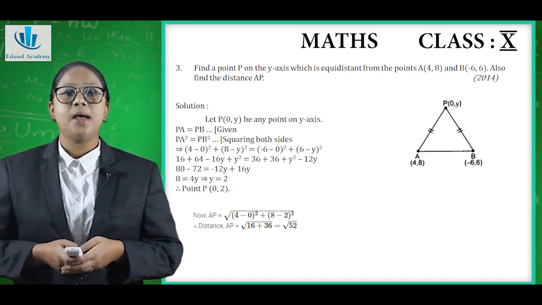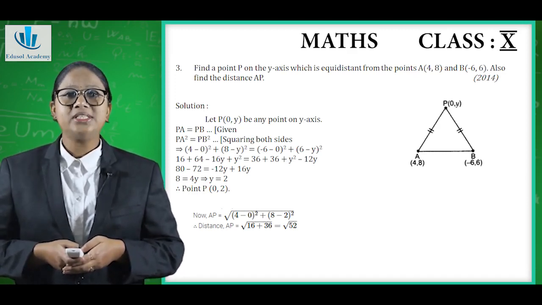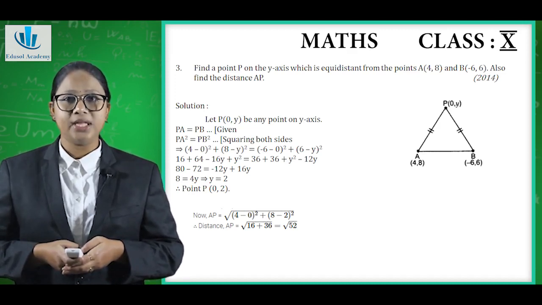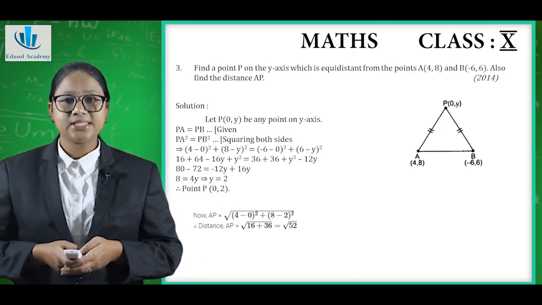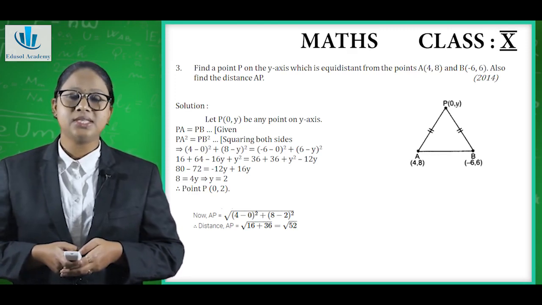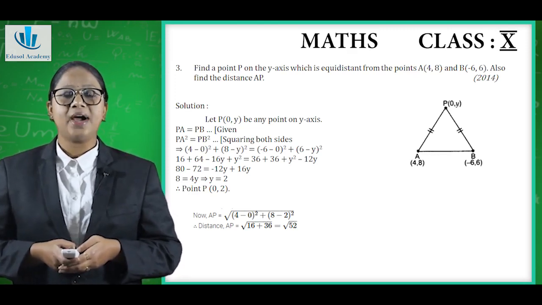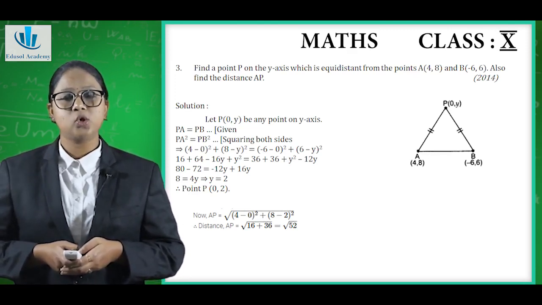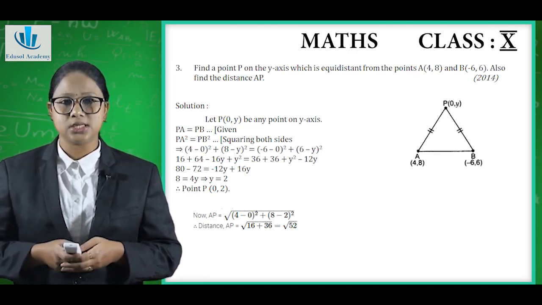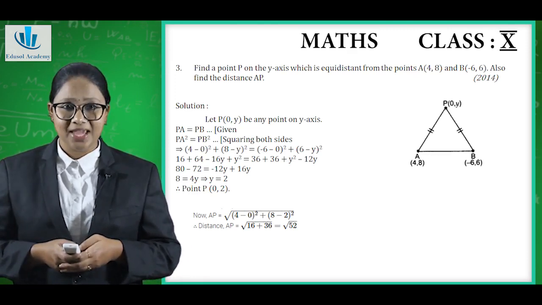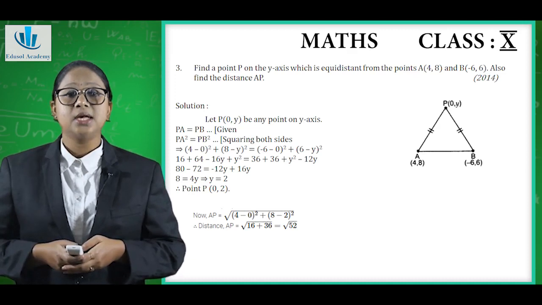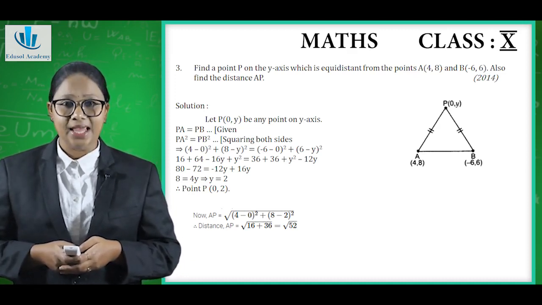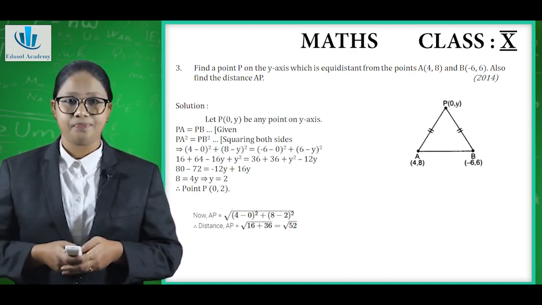Find a point P on the y-axis which is equidistant from the points A (4, 8) and B (negative 6, 6). Also find the distance AP. So again, it's equidistant concept. There is a point P on y-axis. So the coordinates of P would be (0, y).